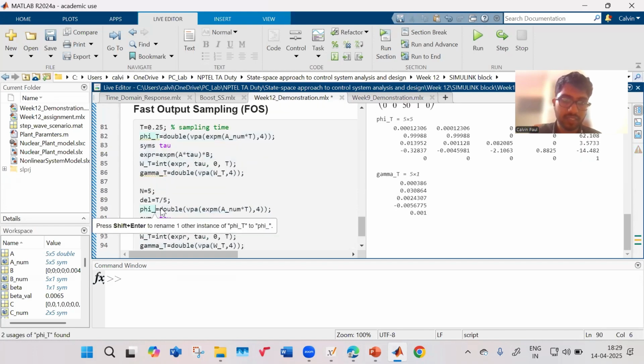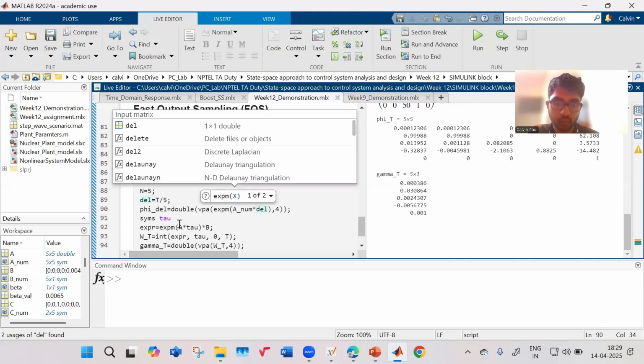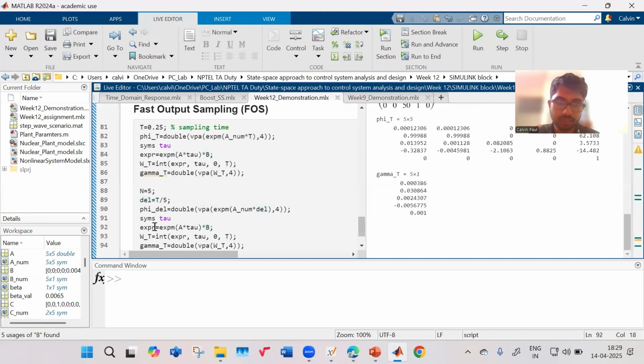So this is phi del: expm of A numeric into del, into 4. Then here this expression expm of A into tau into B. Omega underscore del is the integration of the expression with respect to tau from 0 to, not t in this case, it will be del. And gamma underscore del in this case will be double of VPA omega underscore del comma 4.